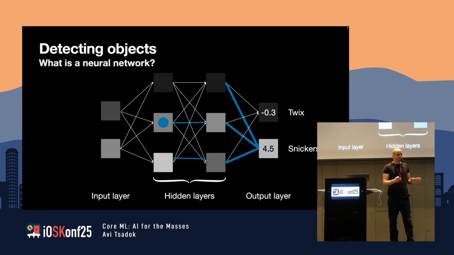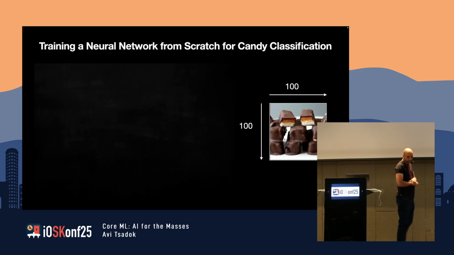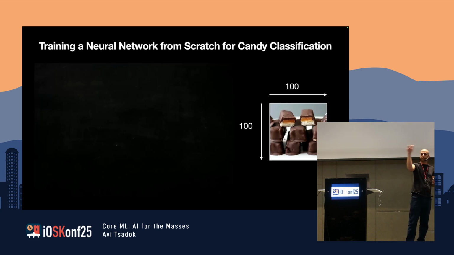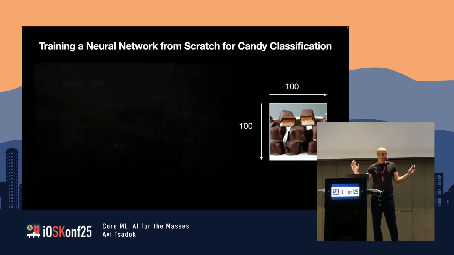Now, the problem with building a neural network like that is that it's really, really complex. It's really complex, and I want to show you why. Let's take an image of a candy. I think it's Twix or sneakers. I don't know. I think it's sneakers. Anyway, so that's an image of 100 pixels, which is not very big.